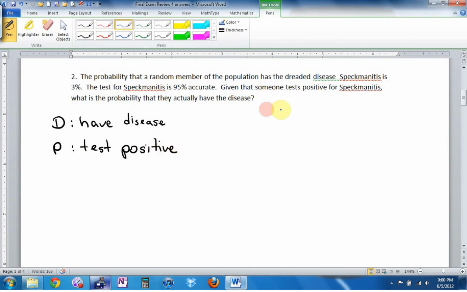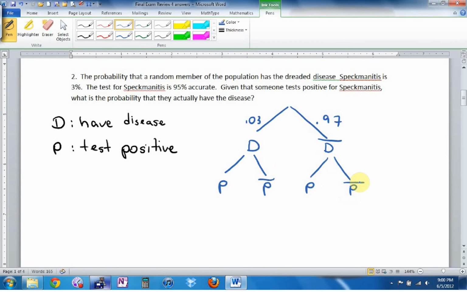First of all, the population either has the disease or it doesn't. 3% have the disease, 97% don't. Then you can test positive, test negative, test positive, test negative. If this test is 95% accurate, if you have the disease, you'll test positive 95% of the time, but 5% of the time the test will miss it.